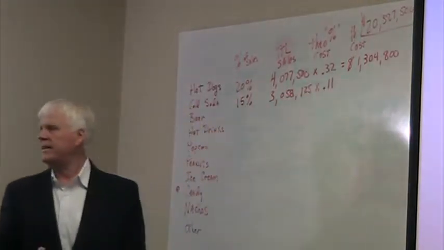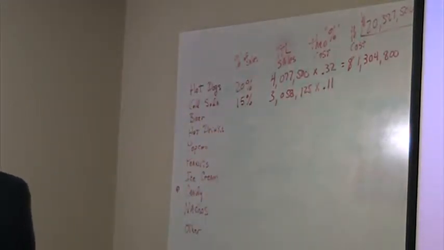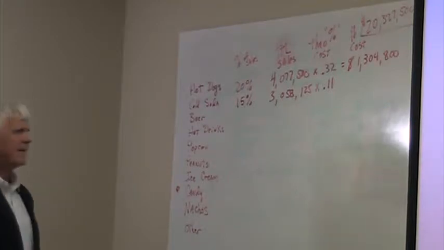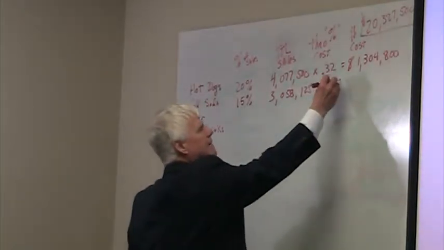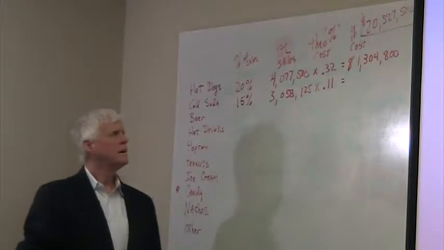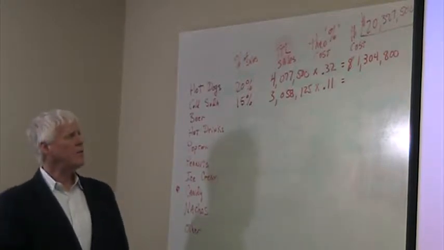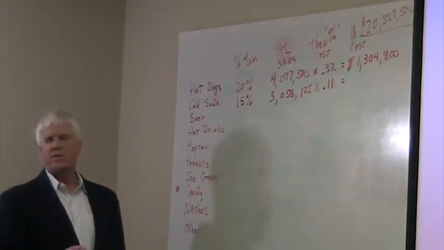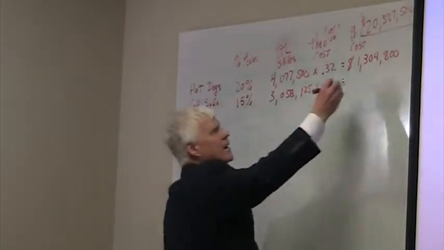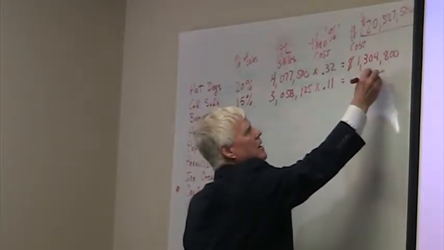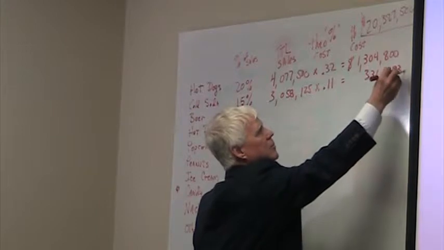You guys see where Kevin got that? Will we always have givens like that? Yes. So what's 11% of 3,058,125? 336,393.75.